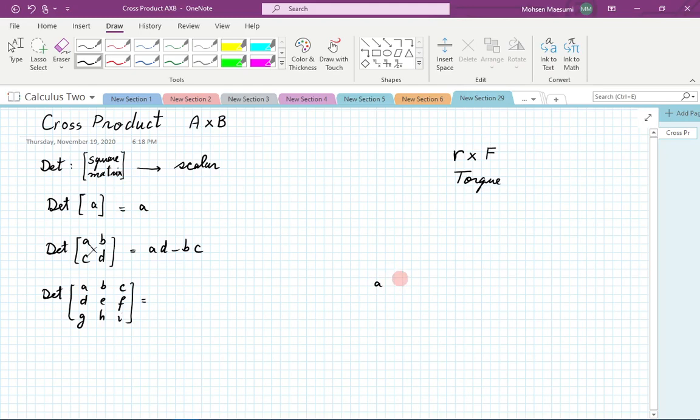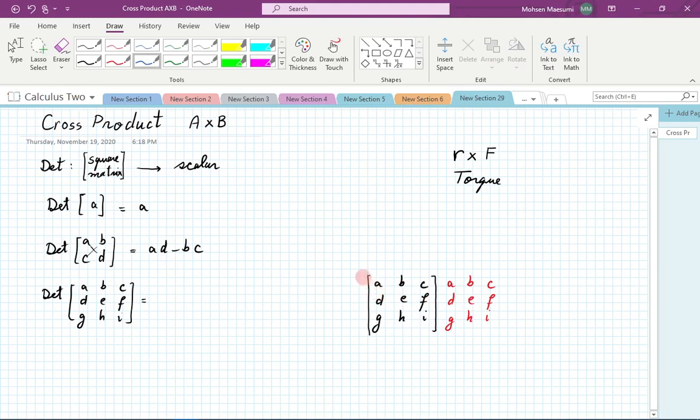Let me introduce you to this shortcut. Probably you have seen it in some other classes, maybe your linear algebra class or some high school algebra class. So if I want to calculate the determinant of this 3 by 3, the first thing I do is duplicate it: A, B, C, D, E, F, G, H, I. Then I consider the diagonals.